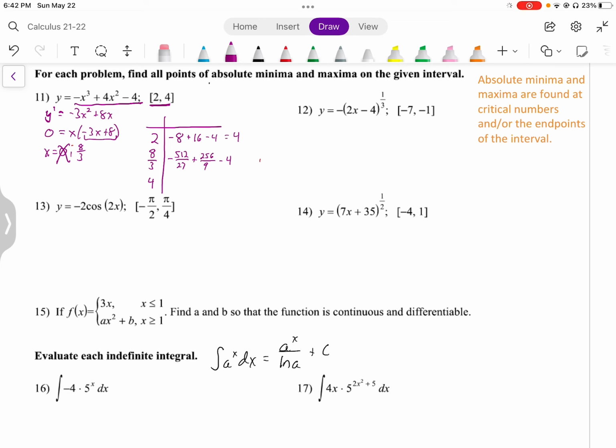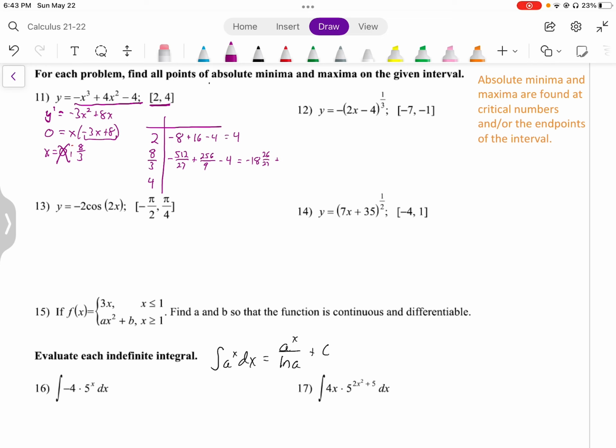You can definitely do this on a calculator, I suppose. You can definitely do it by hand. So negative 512 27ths is negative 18 and 26 27ths, plus 256 ninths.